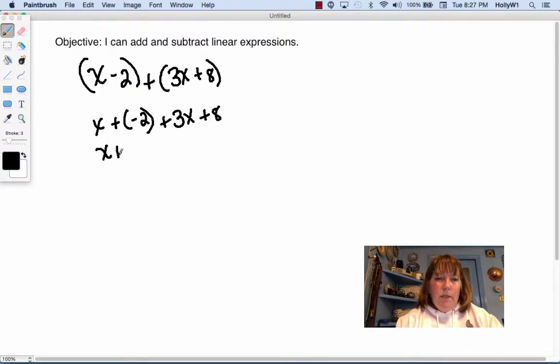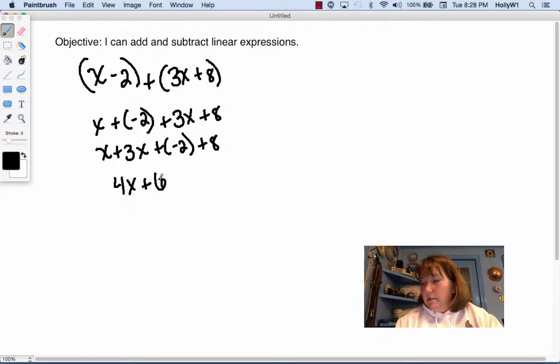We can rewrite this so that we put the like terms together, and the constants together. So x plus 3x is equal to 4x, and negative 2 plus 8 is equal to 6. So that is 4x plus 6. Even though we're going up and down like this, we're thinking of this in linear terms because we're thinking of the linear expression as going this way.